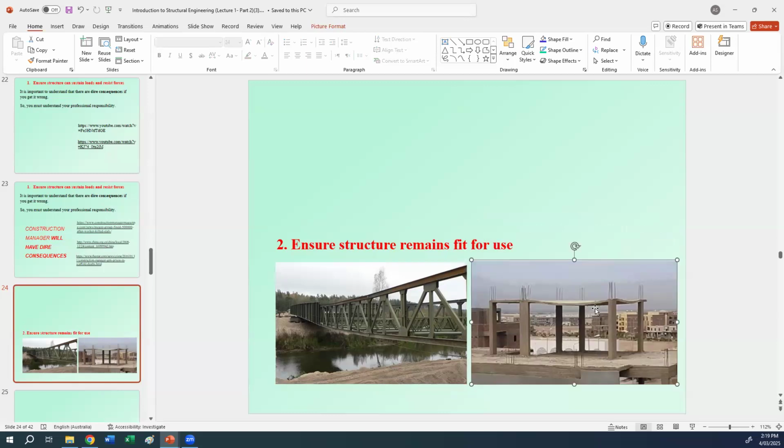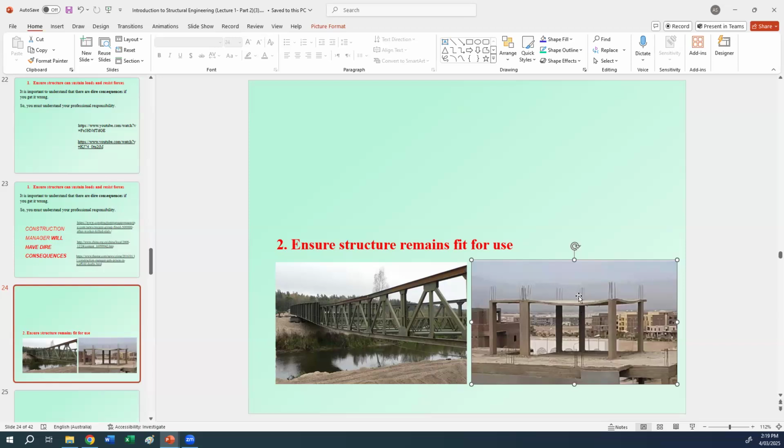And as you can see in the right-hand picture, an example of a slab or a roof, which also has a big sagging in all directions. The structure has still not collapsed yet, but it is not fit to use. If you are living below this roof, you will feel worried about the roof falling on you.